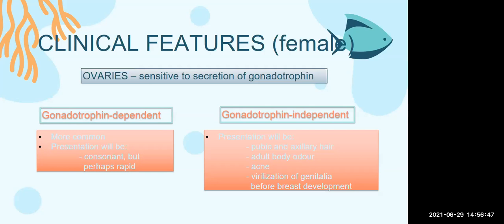And for the gonadotropin independent, presentation will be the growth of pubic and axillary hair, adult body odor, acne, and virilization of genitalia can occur before the breast development. So as mentioned by the presenter earlier, in the normal development of puberty, it should be breast development first, and then we can have the growth of the pubic hair and more. But in this independent type, as it is not sequential, this virilization can occur first before the breast development. Okay, next.